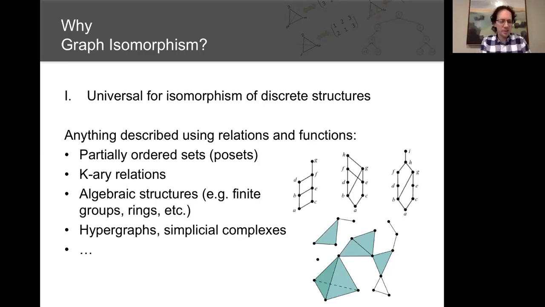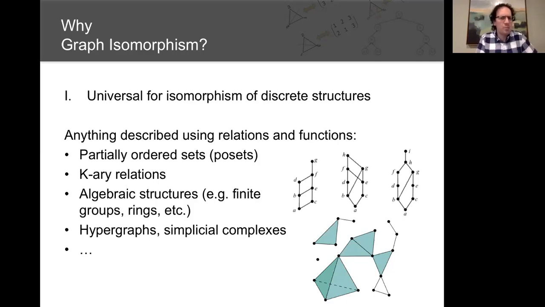So this includes things like partially ordered sets, k-ary relations, where a graph is normally a binary relation, algebraic structures, like if you've seen these finite groups, finite rings, topological structures like hypergraphs and simplicial complexes, and tons of other things. And so this says that it wasn't just an odd mathematical curiosity, that it has some natural property that makes it a very useful problem to look at.